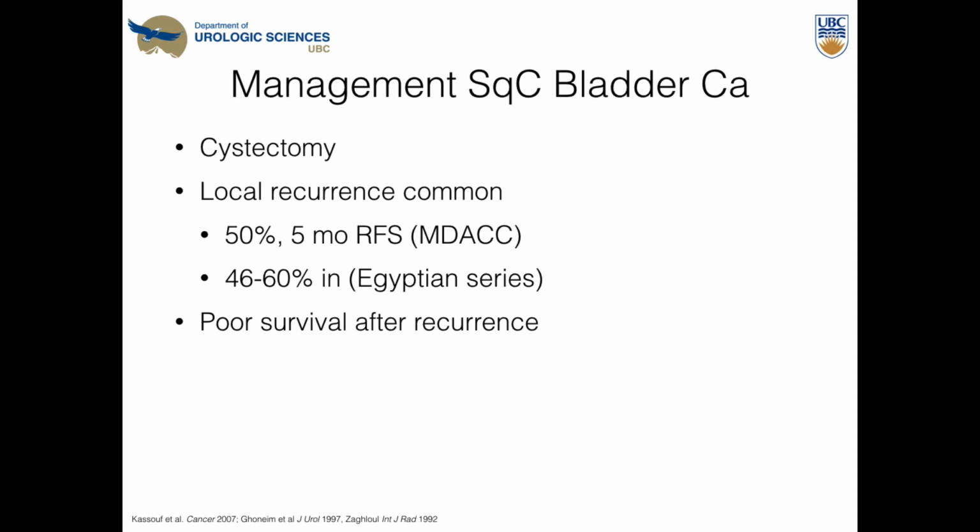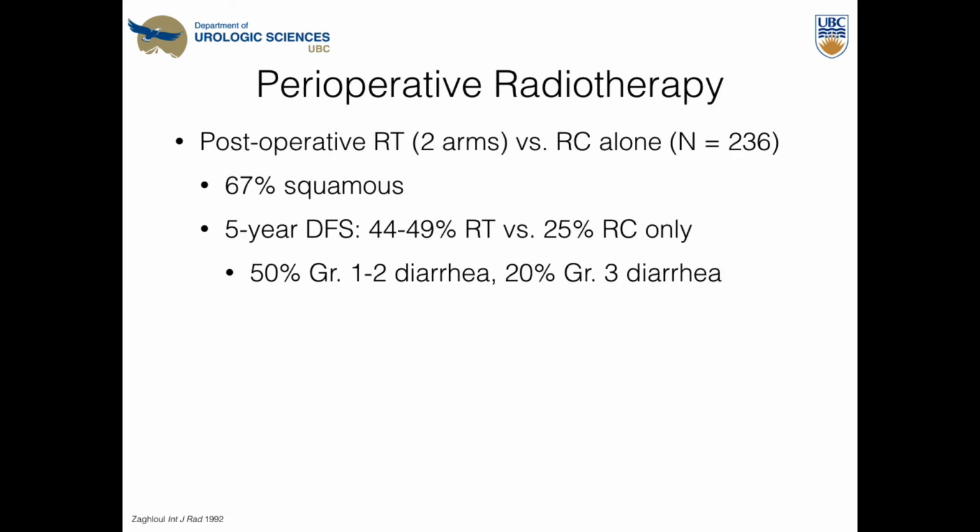And similar data are found in multiple Egyptian series, anywhere from 46 to 60% of local recurrence. And typically when patients recur in the pelvis, they die relatively quickly. So therapies to reduce the incidence of pelvic recurrence would obviously make sense.